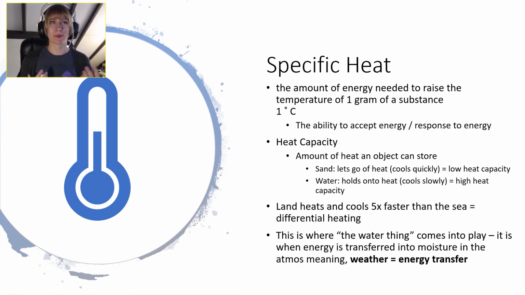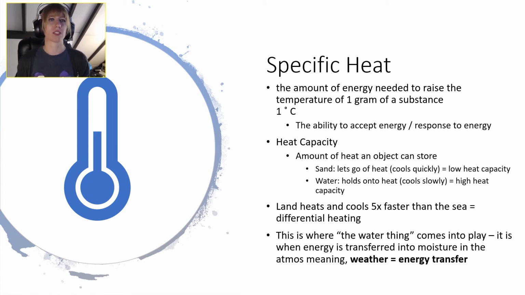So for example, sand cools very quickly. As soon as it gets dark, it lets go of all that heat. So it has a low heat capacity, whereas water has a high heat capacity. It takes a long time or a longer time for water to cool than land. So like aluminum foil, land heats and cools 5 times faster than water and basically the ocean, thanks to differential heating.